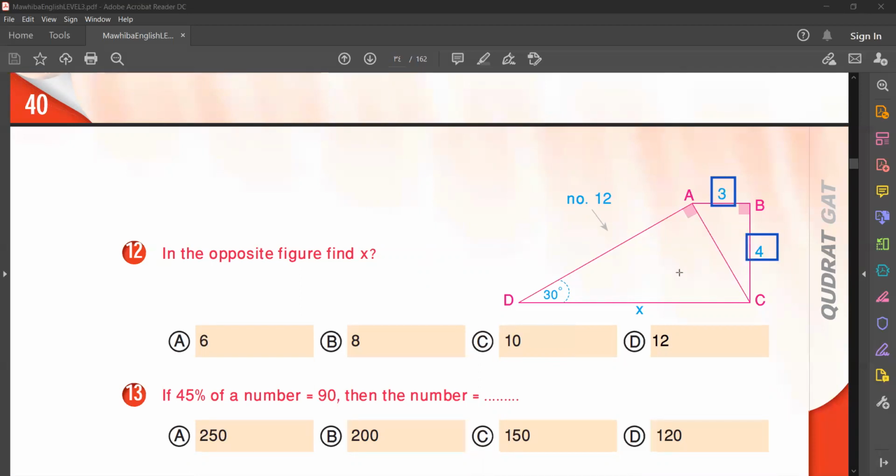Here 3, 4, what is the long side for the small triangle? If they give me 3, 4, then the third one is 5, right? Good.